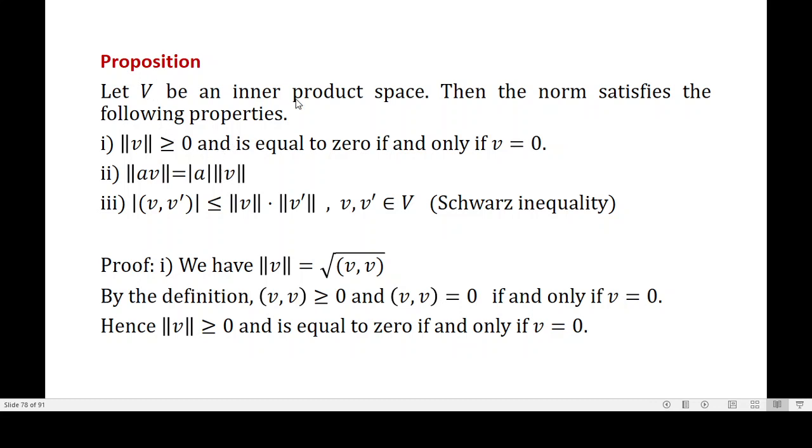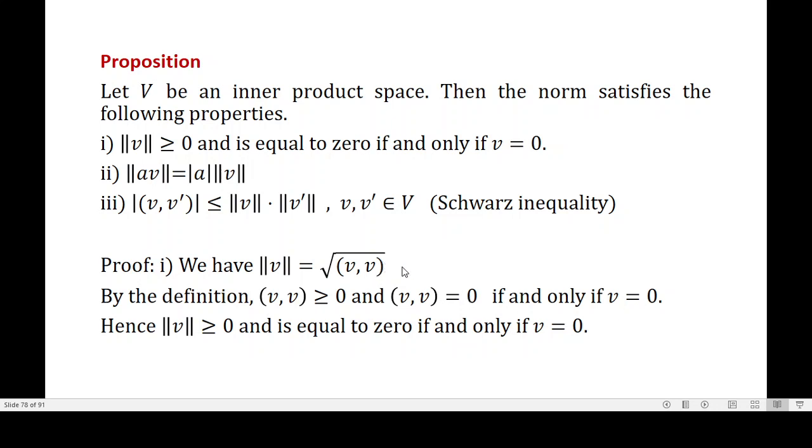It is given that V is an inner product space. Then you have to prove the following conditions. Now what is the definition of norm v? Norm v is equal to square root of inner product of v with itself, inner product of v comma v. Now by definition of inner product space, we have inner product of v comma v is greater than or equal to 0, and it is equal to 0 if and only if v is equal to 0, isn't it?